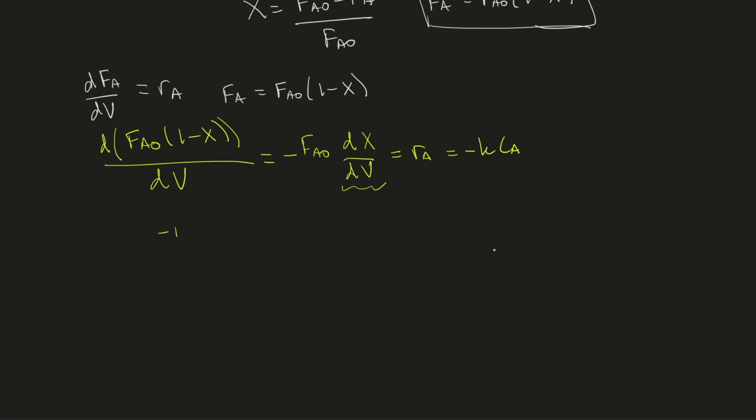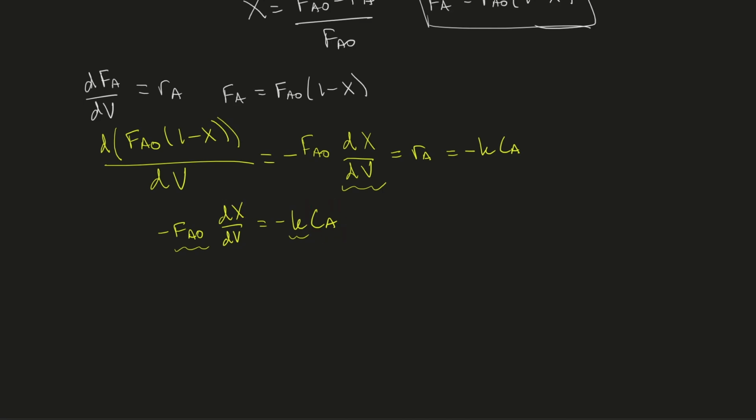We can rewrite this equation: negative FA0 dX/dV is equal to negative K CA. And now we know what things change here. Our FA0 is a constant, our K, our reaction rate constant, is also a constant. And so the changing terms here are our X and our CA.